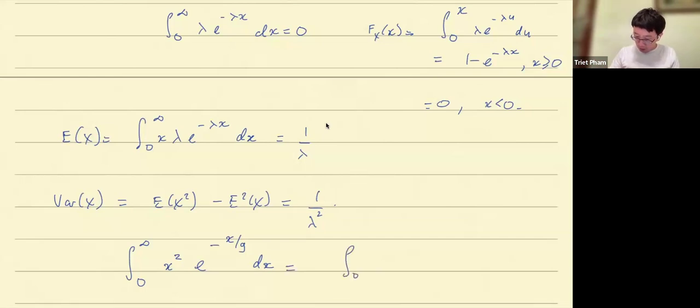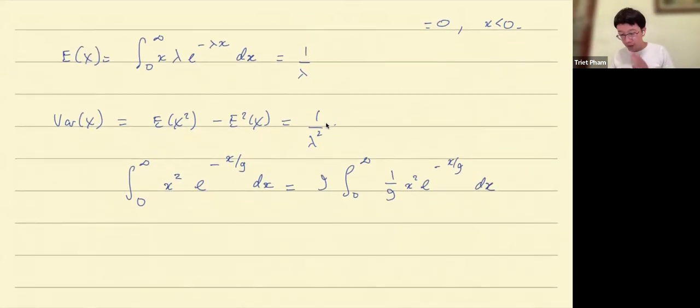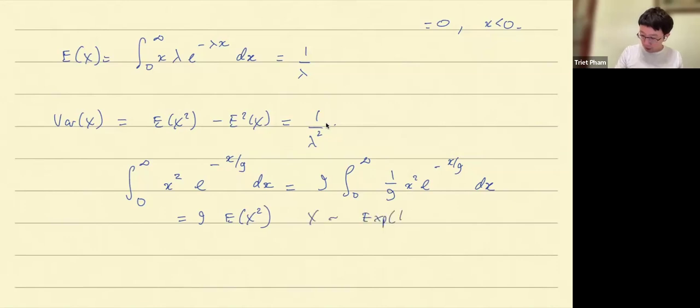You should throw in a 1 over 9. Of course, you have to compensate, because the integral has no 1 over 9 to begin with. But once you throw in the 1 over 9, you recognize that this is the expectation of the square of a random variable that has an exponential 1 over 9 distribution. Why would that be helpful?